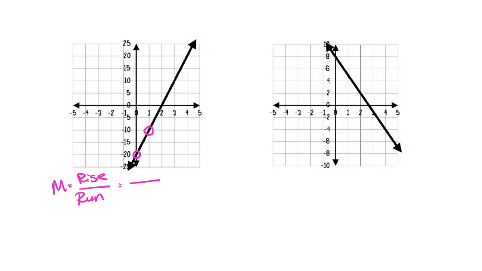Now I need to go rise over run. So here is my perfect little triangle. How far do I go up before I go over? Pay attention to this. This is where they're going to try to trick us. This is not 1, 2. It's negative 20 to negative 15 to negative 10. So I go up by 5, 10.